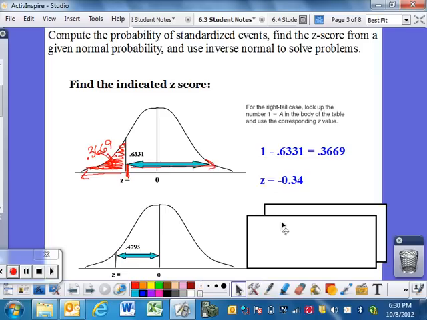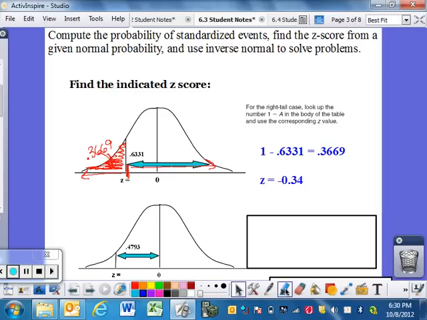So go to your z-table and see if you can find 0.3669. Hopefully you can see it's on the negative side, and that number is found directly at negative 0.34. So that's how you go about doing that one.